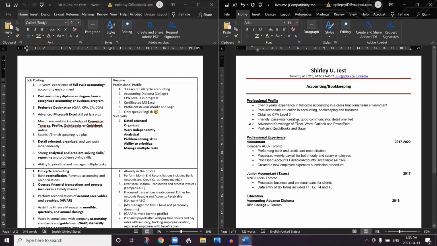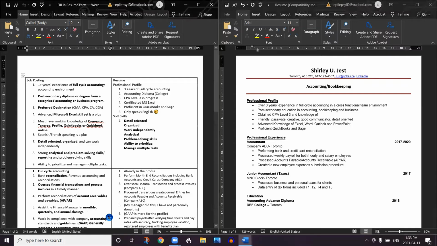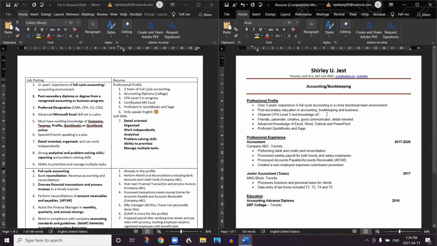But maybe I'll do this. And knowledge of, because down here in this document, we identified GAAP, which stands for Generally Accepted Accounting Principles. And that's not in the resume as it stands, but it is something that was identified in our analysis.